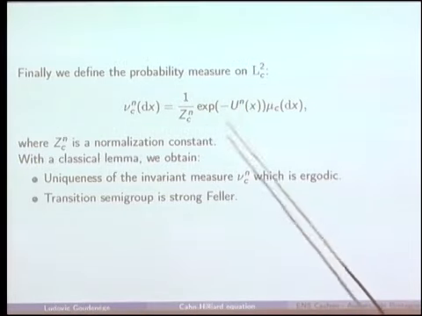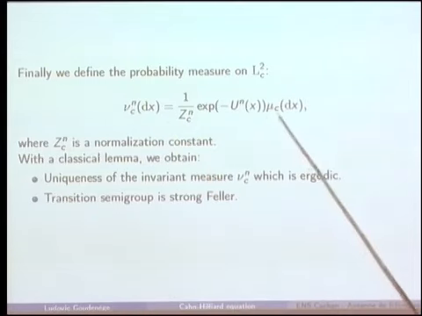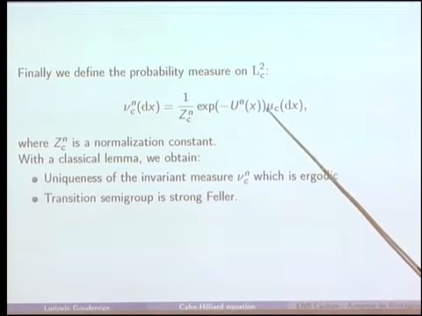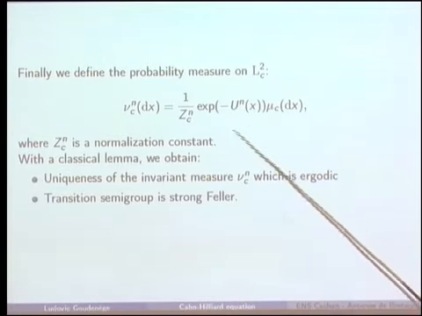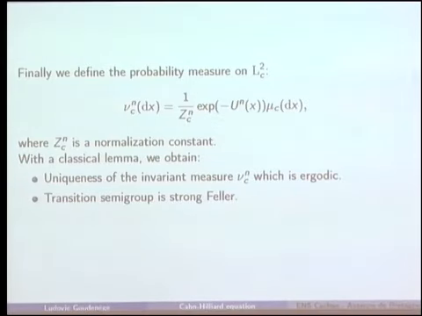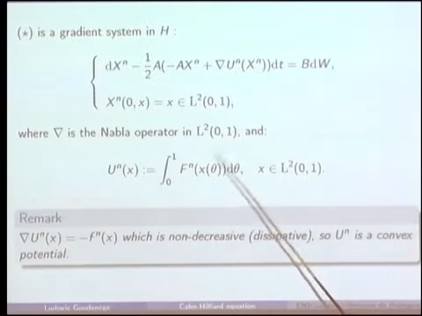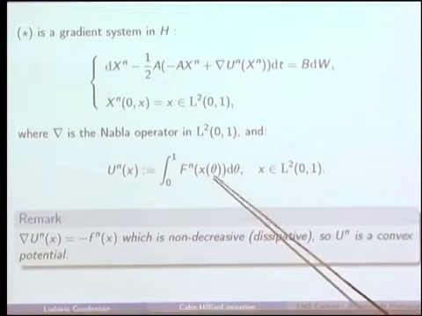So you have again a new measure, which depends on the mu C measure, and you have some extra term which depends on the functional of the energy.